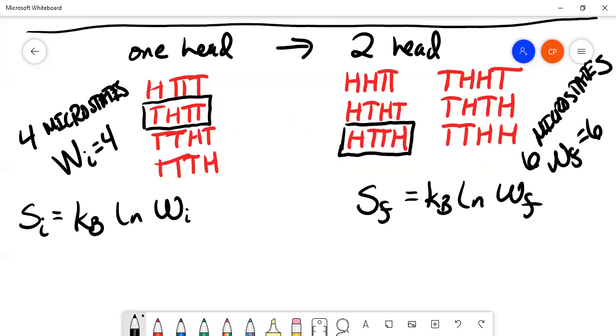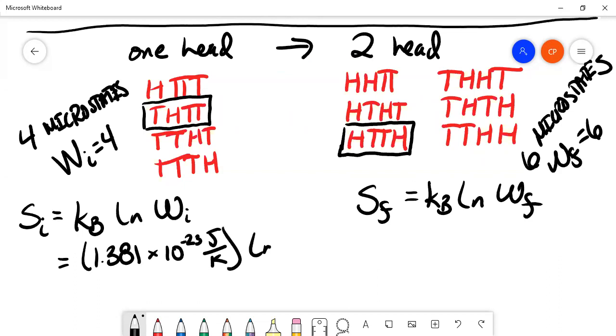Let me just number crunch this out. The absolute entropy of the initial state is 1.381 times 10 to the minus 23rd joules per Kelvin times the natural log of 4.